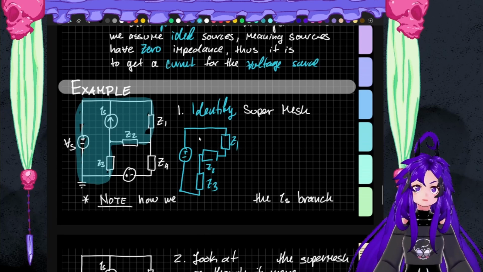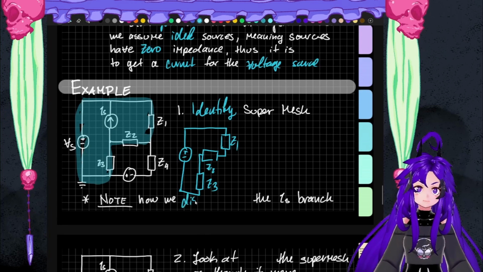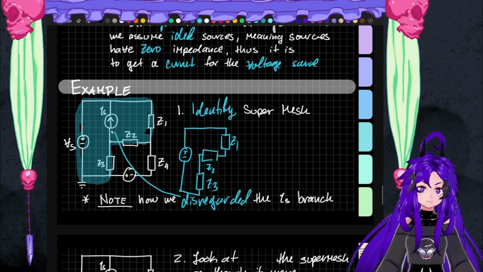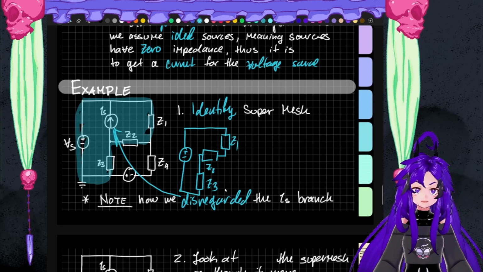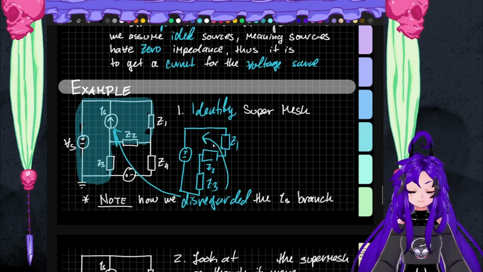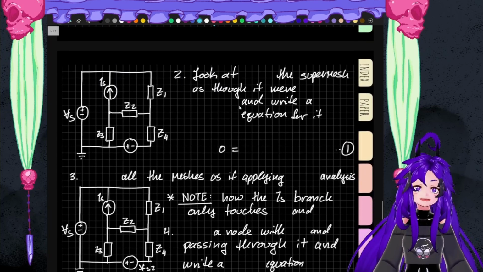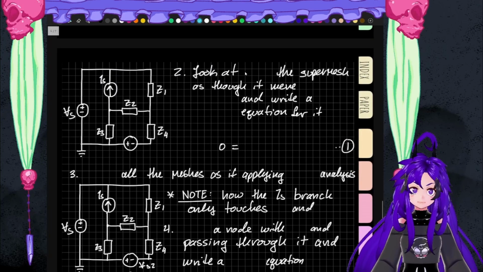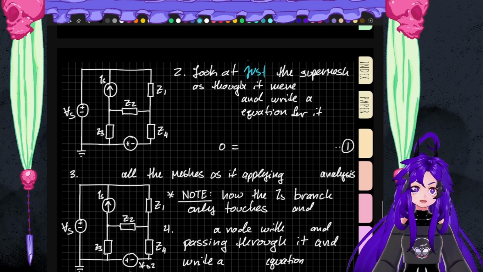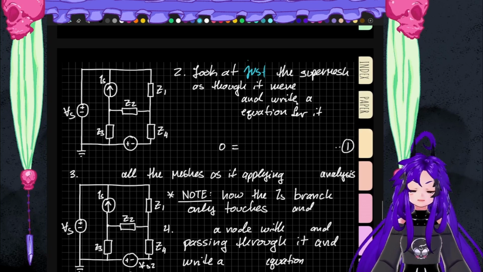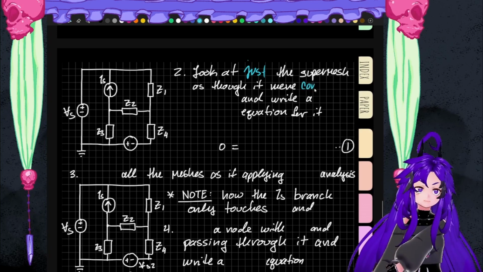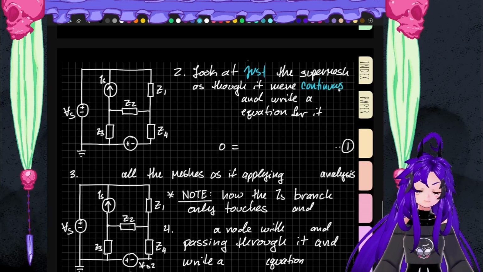Note that we have disregarded the current source when we redrew this. We'll come back to it, I promise. Next, we are going to look at just the supermesh as if it were continuous.